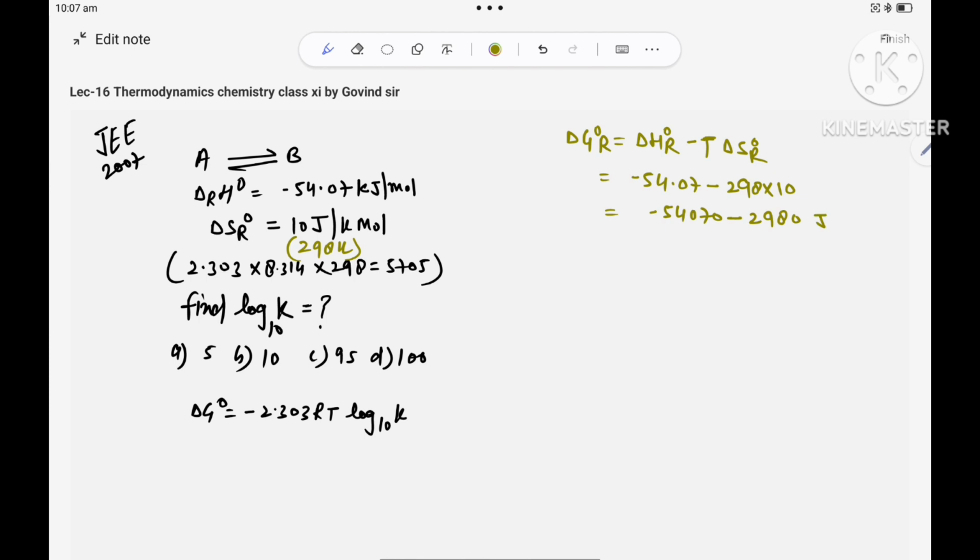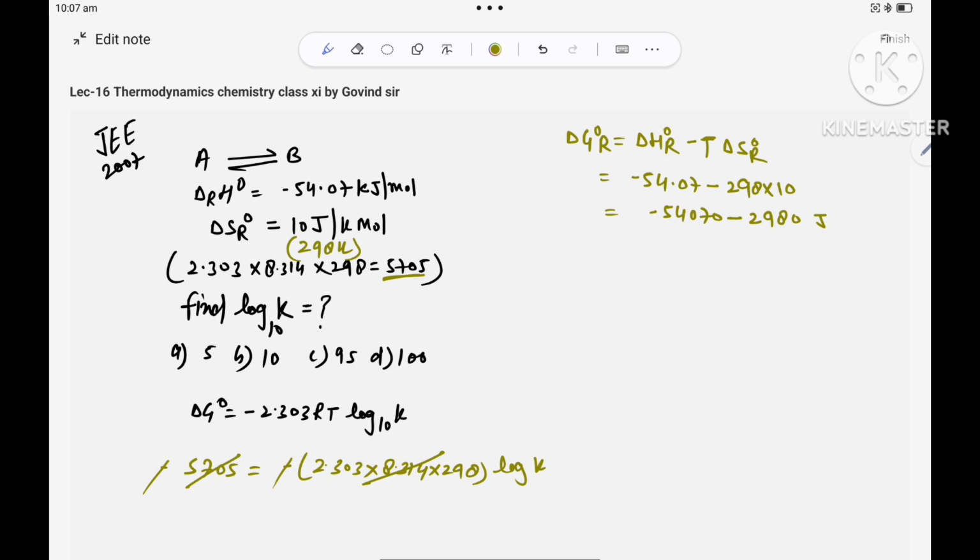Now you can put the value here, subtract it, then you will get 5705 is equal to minus, this is also minus, 2.303 into R 8.314 into T 298 log K. Minus minus cancel, and here the value is given. So here it cancels because the same value is given.